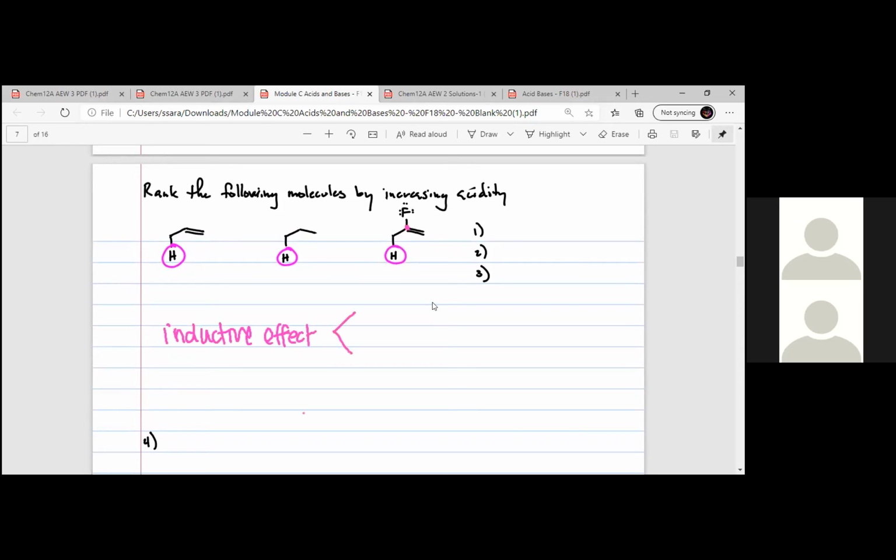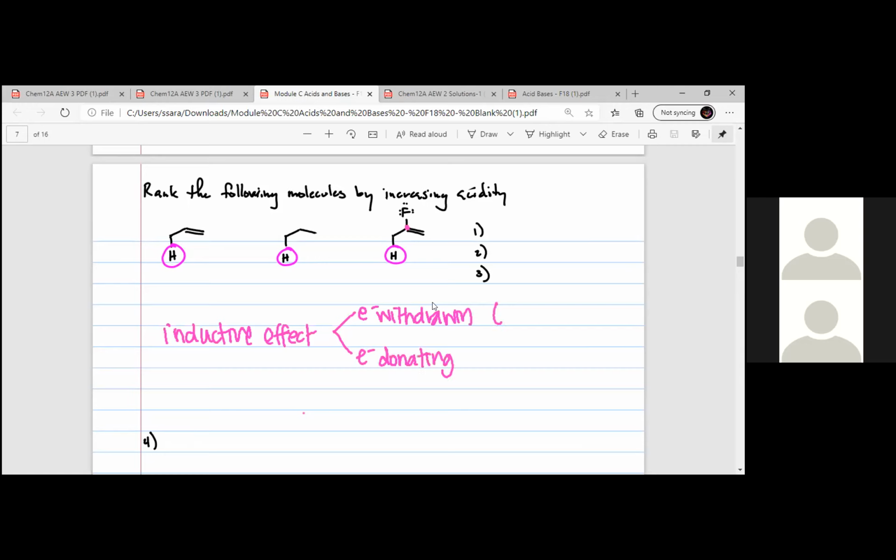There's two types: electron withdrawing and electron donating or releasing. Electron withdrawing is negative and electron donating is positive. It's a positive inductive effect.